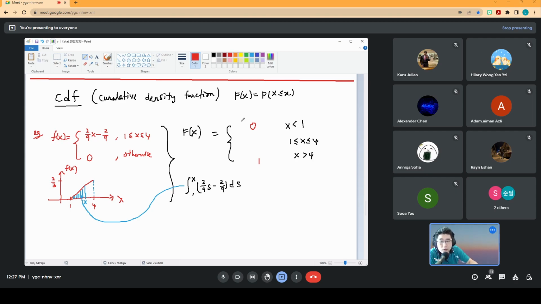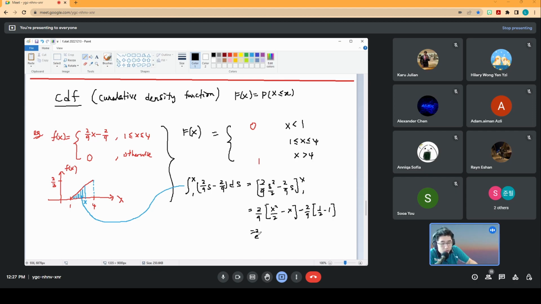So over here, I do my calculation. 2 over 9 s squared over 2 minus 2 over 9 s. Substitute x and 1 inside. So I have 2 over 9 with x squared over 2 minus x, minus 2 over 9 with 1 over 2 minus 1.